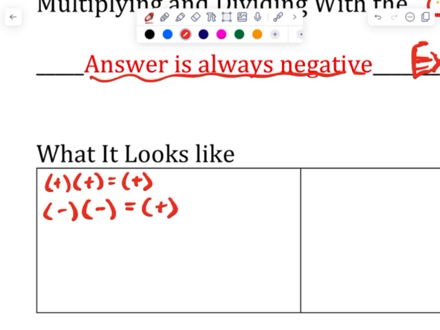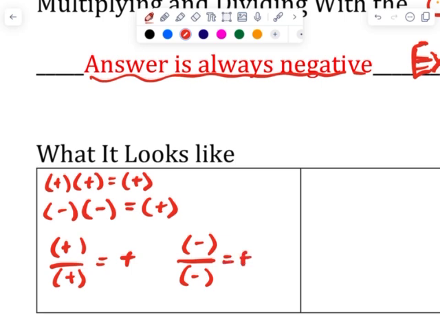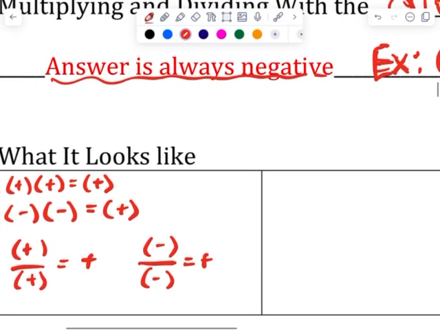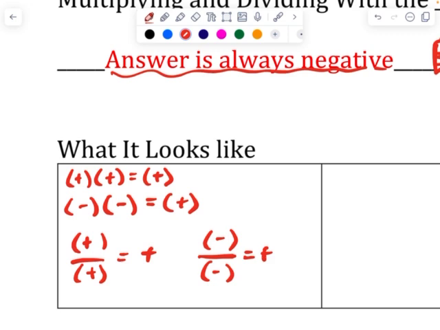If I have a positive number divided by a positive number, I get a positive number. And if I have a negative number divided by a negative number, I get a positive number. Okay? Now, let's say I have different signs, right? So all of these are the same sign.